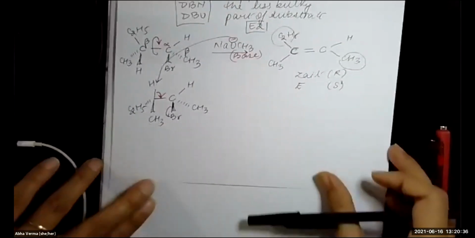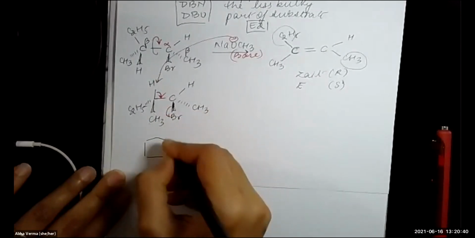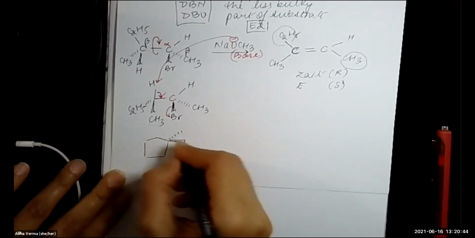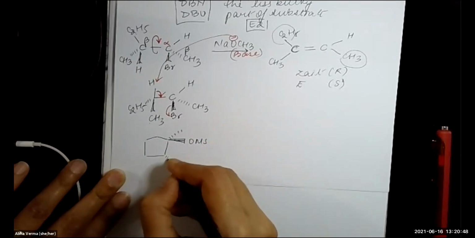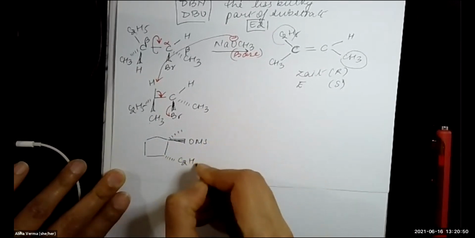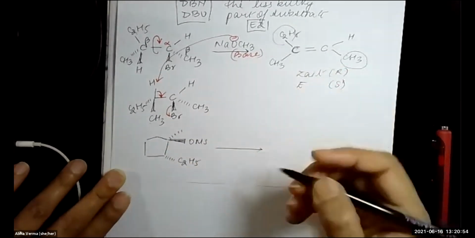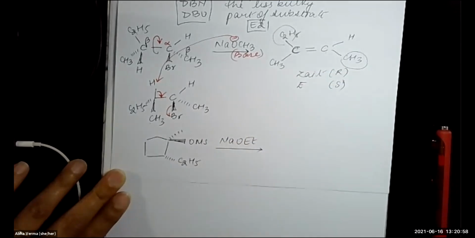Let's look at one more example before we proceed. Let's say you have a cyclic material now, and I have a system like this. I have a similar base. So what is this Et?